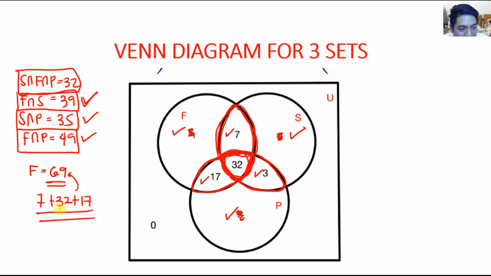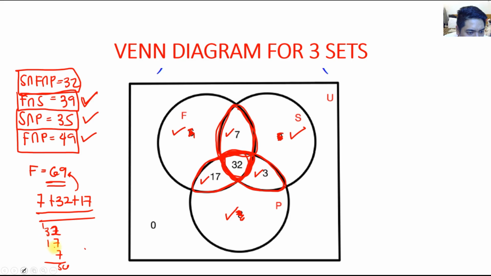So this must be 32, 17, and 7. 7, 14, 16, 1.